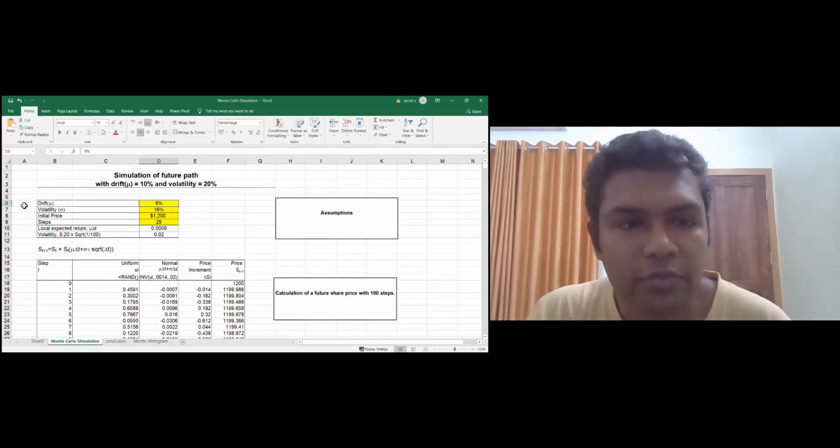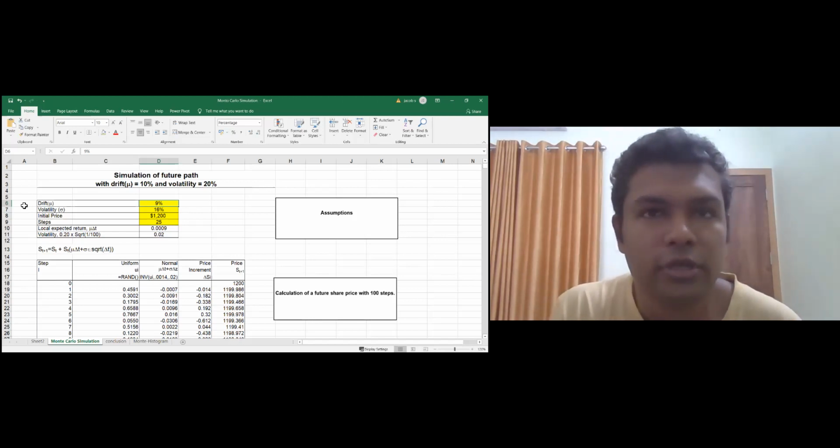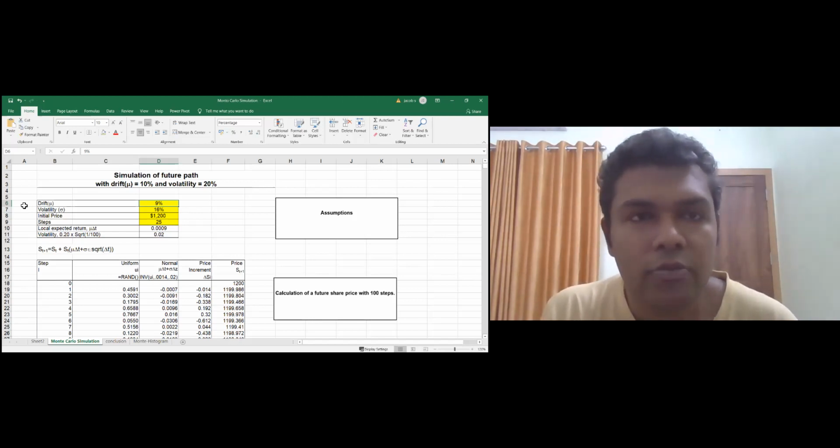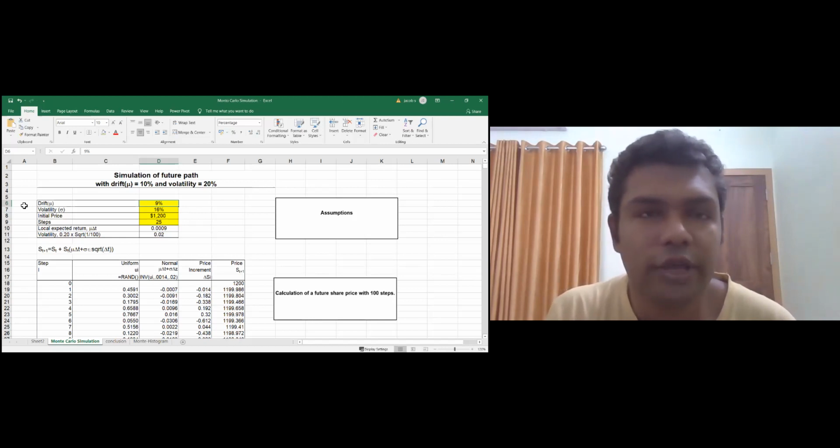Drift defines the percentage or the amount by which the stock prices vary due to the effect of some unprecedented events. By unprecedented events, I mean usually short-term events. We do not consider any long-term influencing factors, but rather short-term influencing factors.